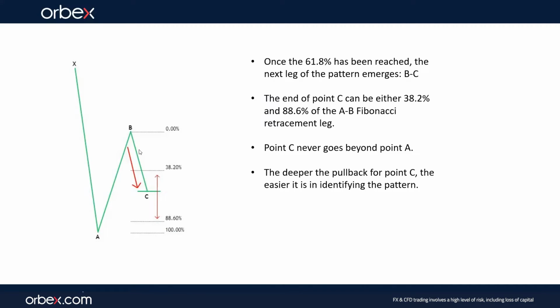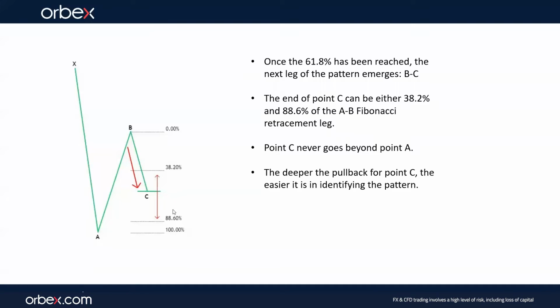It could end roughly just shy of 38.2, or we could have a deeper pullback to 88.6, but it's important to note that point C will never go beyond point A. Never, never, never. Otherwise, the pattern is invalid. So we are around this area.